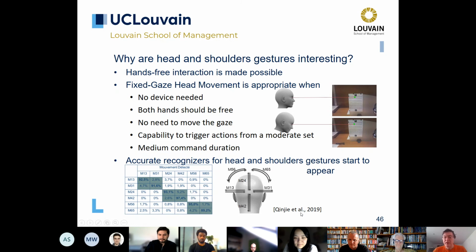Her name is Qinji. And what she did is that while a person is playing the piano, and while this person is looking at the partition of the notes that is displayed on a tablet, of course the hands are busy.